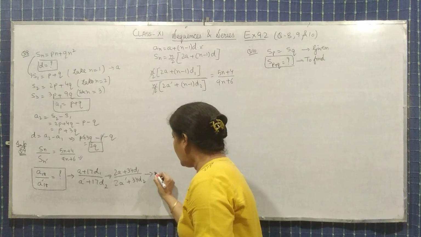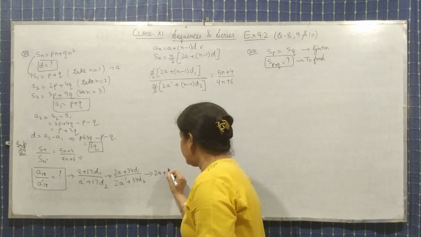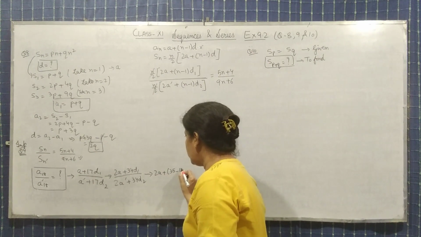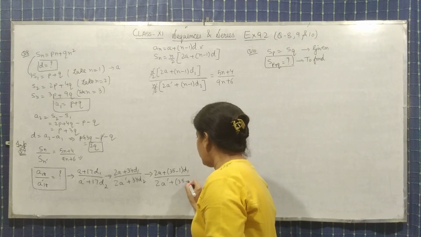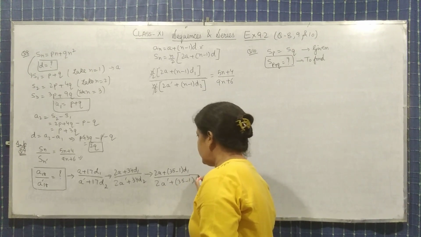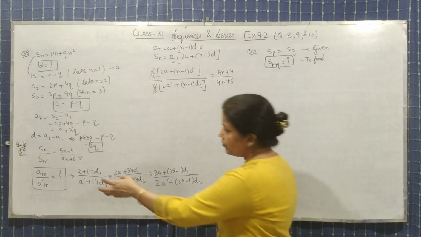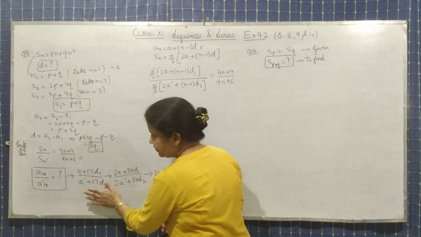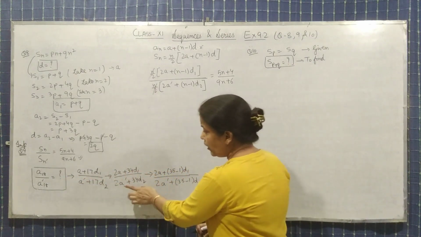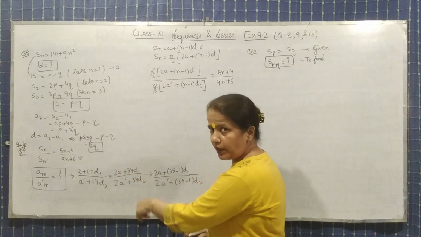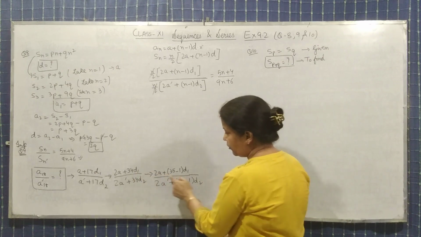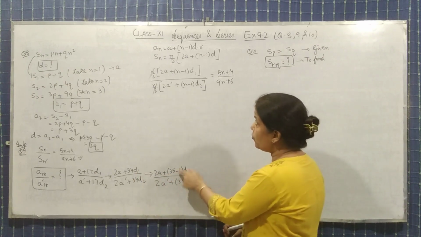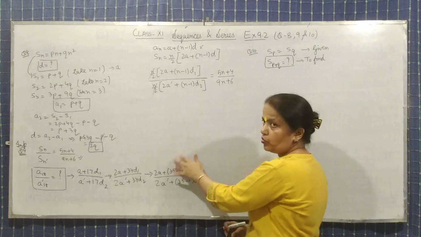This part again you can write like this: (2a + (35 − 1)d1) upon (2a' + (35 − 1)d2). So what we did: the part which you have to show, we wrote this, then we multiplied by 2 on both sides, and then we wrote 34 in this form so that we can compare these two things.